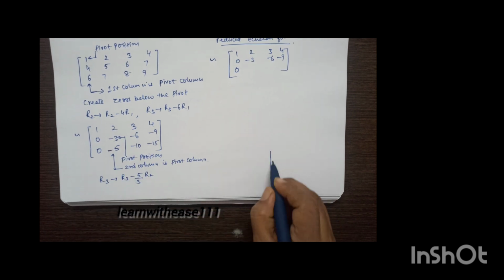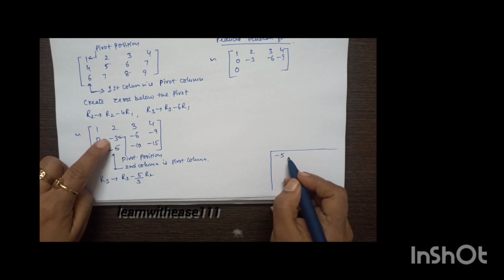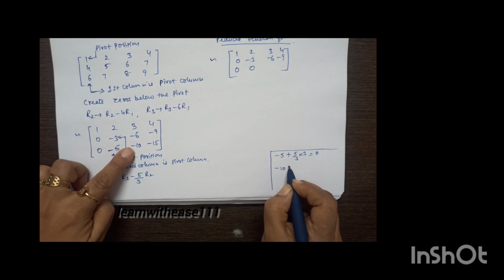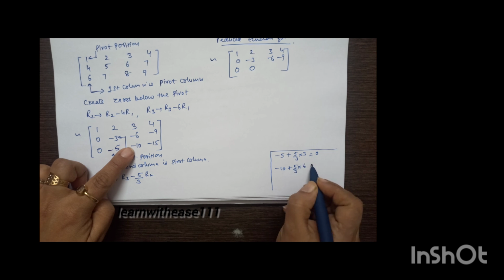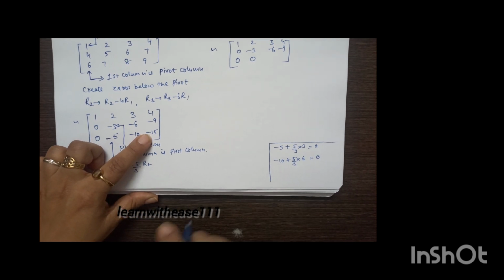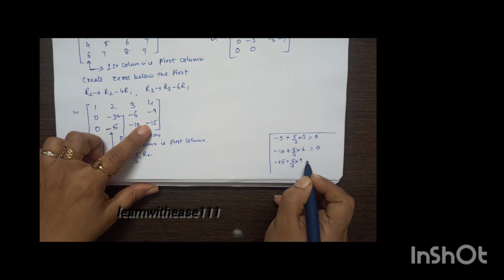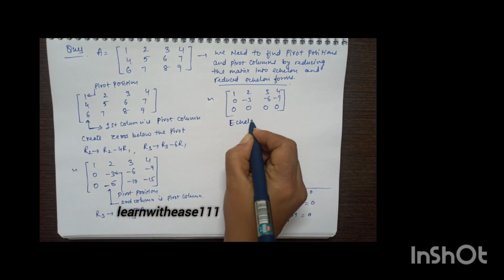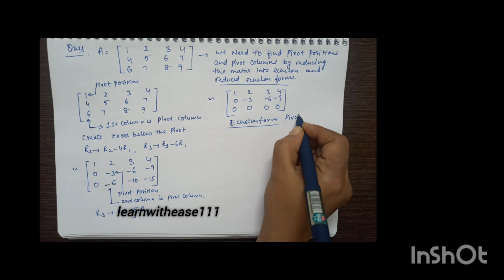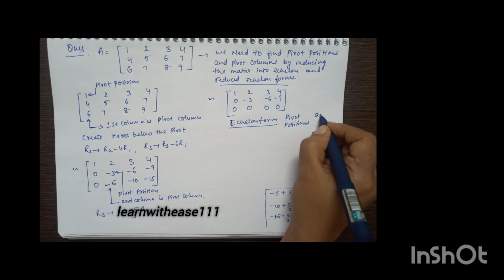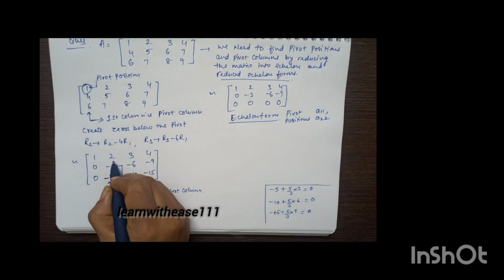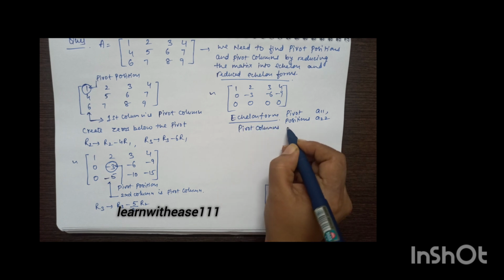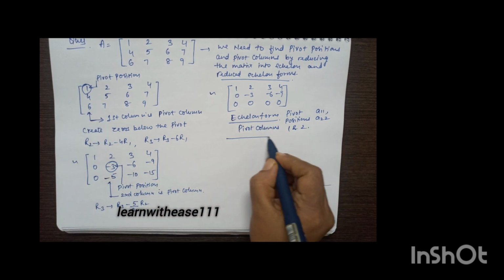Likewise, the third and fourth positions in the last row are also 0. So this is actually in Echelon form, because it satisfies the properties of Echelon forms. The leading entries are A11 and A22, so these are the pivot positions, and the pivot columns are 1 and 2.